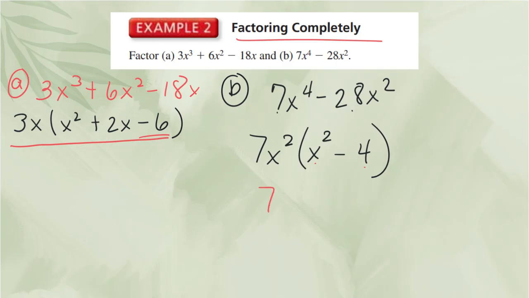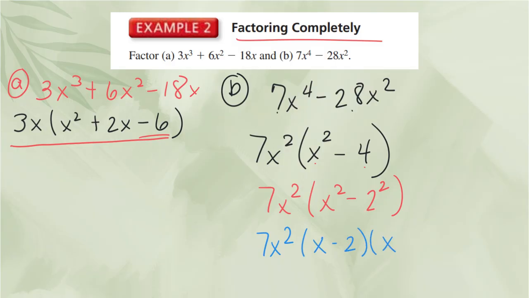So I have 7x squared times x squared minus 2 squared. My answer, continuing to factor, is going to be 7x squared times x minus 2 times x plus 2. That's your final answer. Remember that when you have a minus inside, that means you're going to have a positive and a negative.